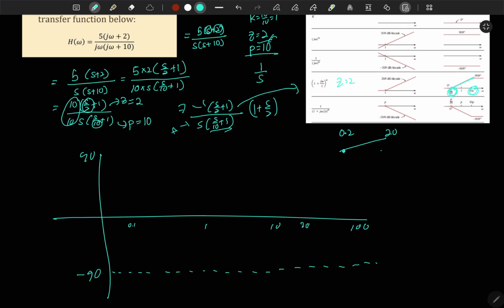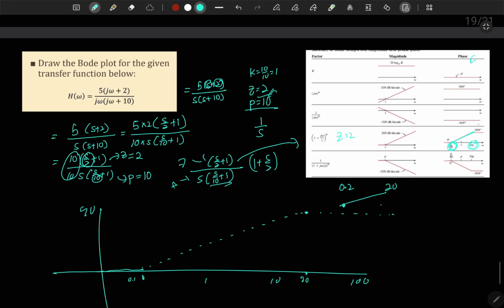Now assume this is 20 here, and this is 0.2 here. Now this is our 90. So the slope is going to be rising till 90 here. Okay, so we're going to draw a dotted line as usual, then it's going to follow straight as thus.